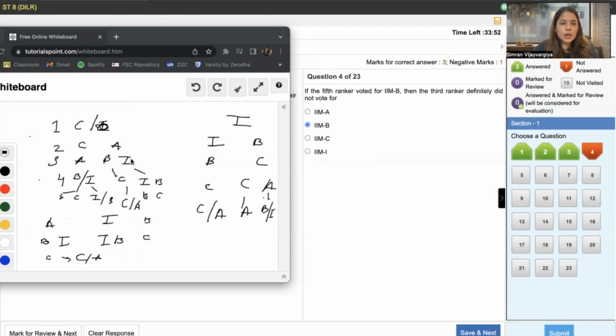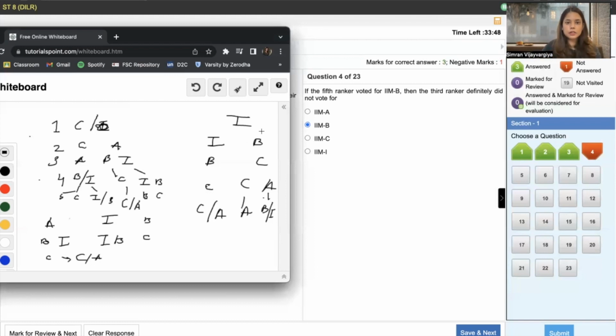Great. Okay, we have to consider this condition, and that's about it. So A, B, and I actually can't vote for C. If the fifth ranker voted for B, I got confused a little.